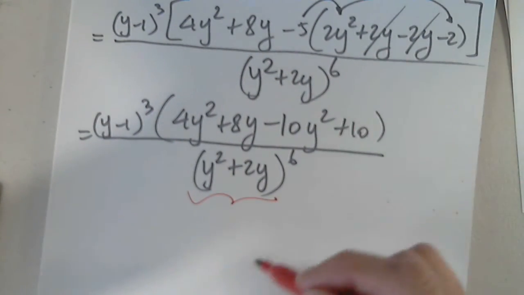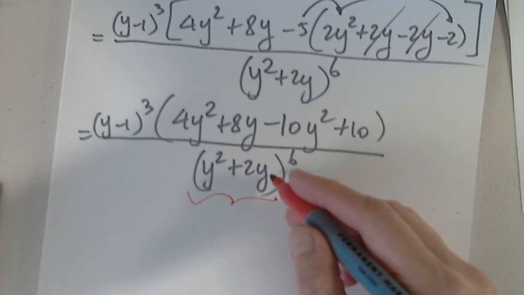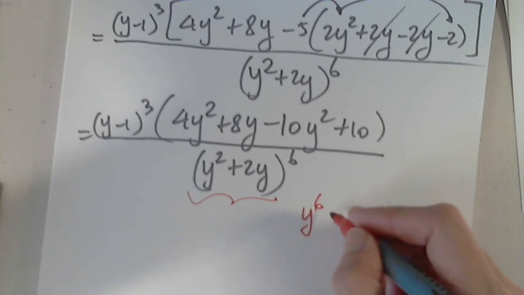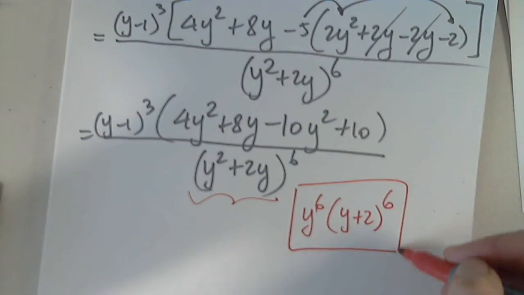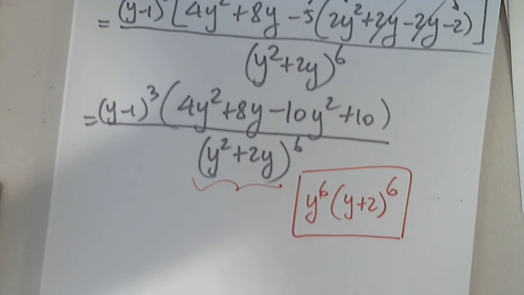I'm not going to change it, but you could take out a y, so it will be y to the 6th and y plus 2 to the 6th, but you don't have to. We will not be able to simplify anyway. It doesn't appear that we can.